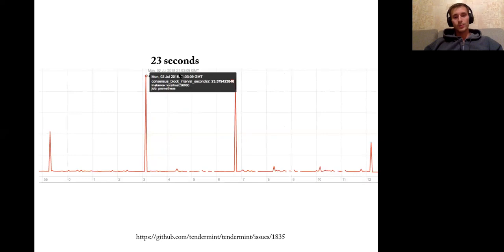Yeah, so after a few more hours, I found out that the time to index a block can be quite high, and by quite high I mean 23 seconds.